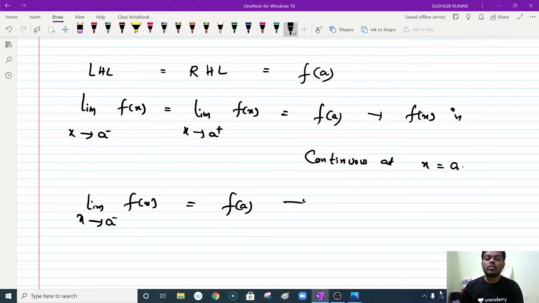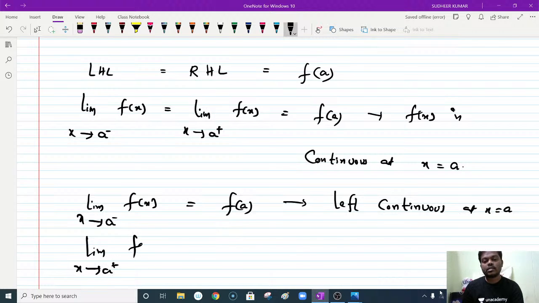So this is said to be left continuous at x equal to a. If limit x tends to a plus f of x equal to f of a, then it is right continuous.